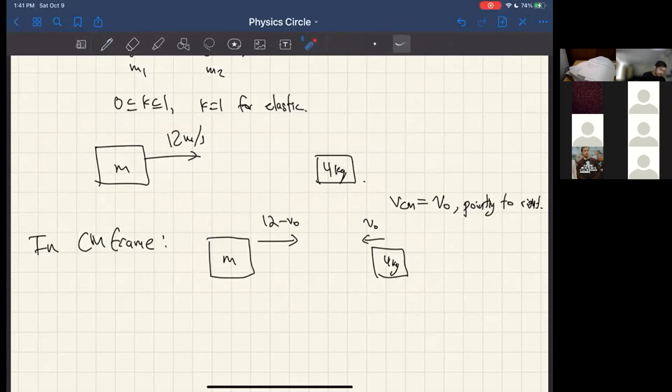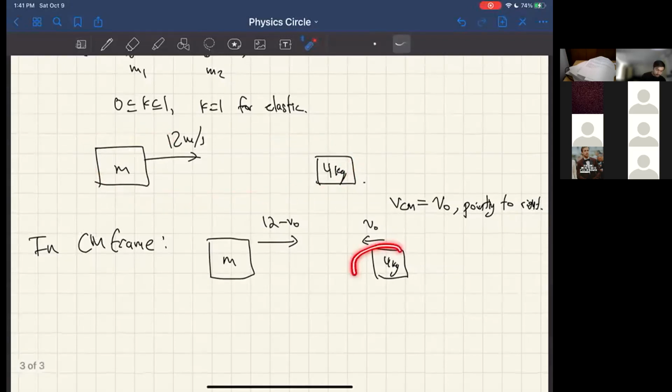The way to think about the CM frame is to imagine I'm running along in this direction with velocity v0, running along with the center of mass. Then to me, it looks like the 4 kilogram is moving backwards at v0, because in the actual frame the 4 kilogram is at rest, but if I'm moving at v0 to the right, it looks like it's moving at v0 to the left.